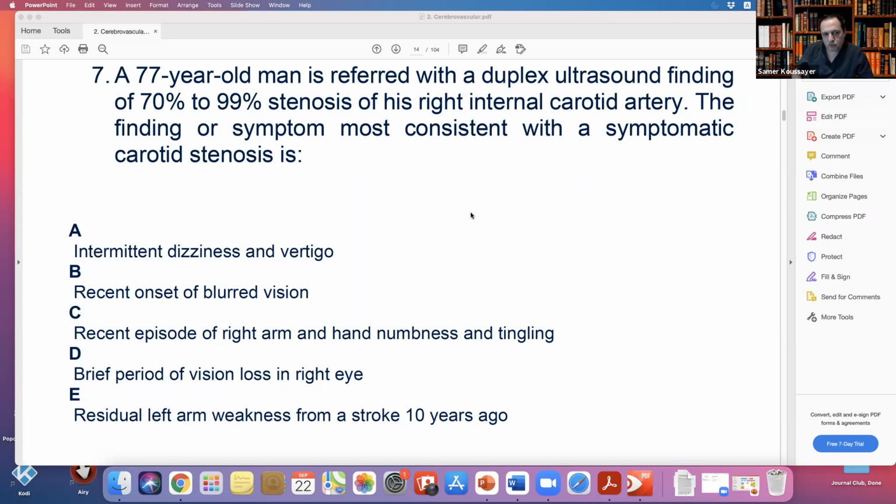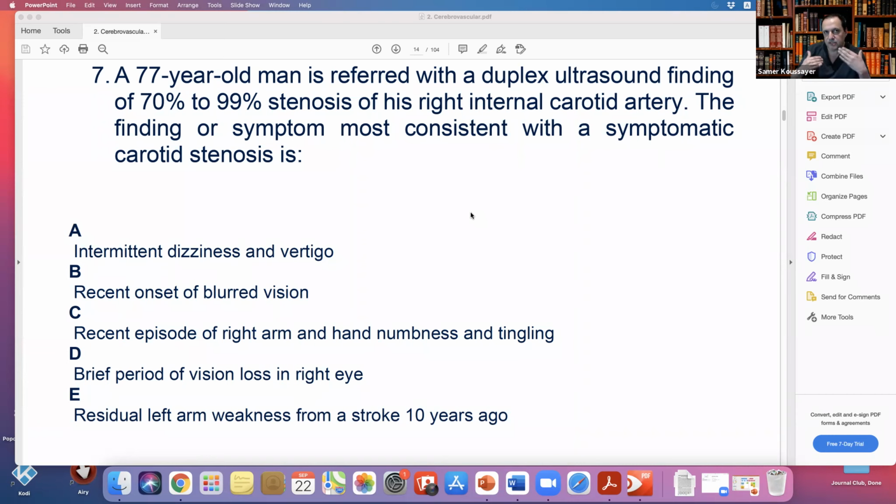So a patient comes with left or right internal carotid stenosis, and MRI showed an old stroke in this area. We still consider this patient asymptomatic, because to consider symptoms, they have to be recent. So this patient's left arm weakness from 10 years ago is not a symptom of carotid stenosis.